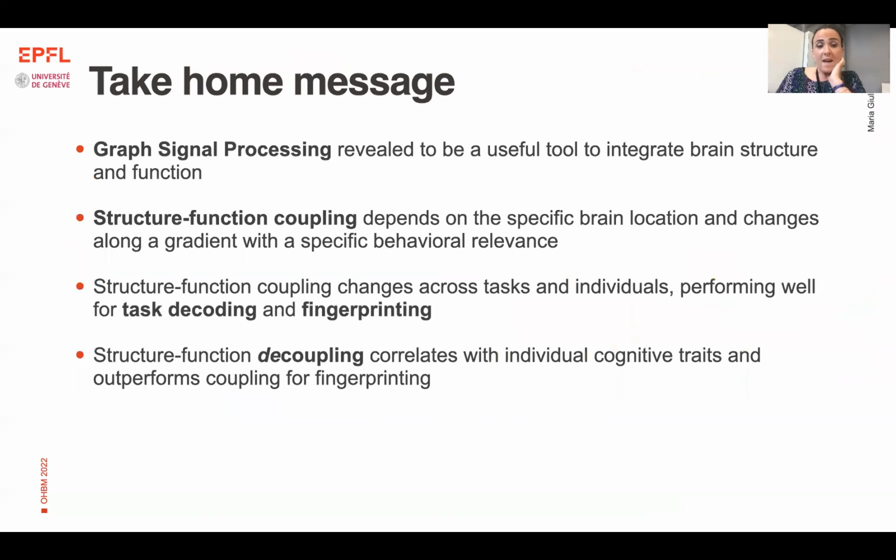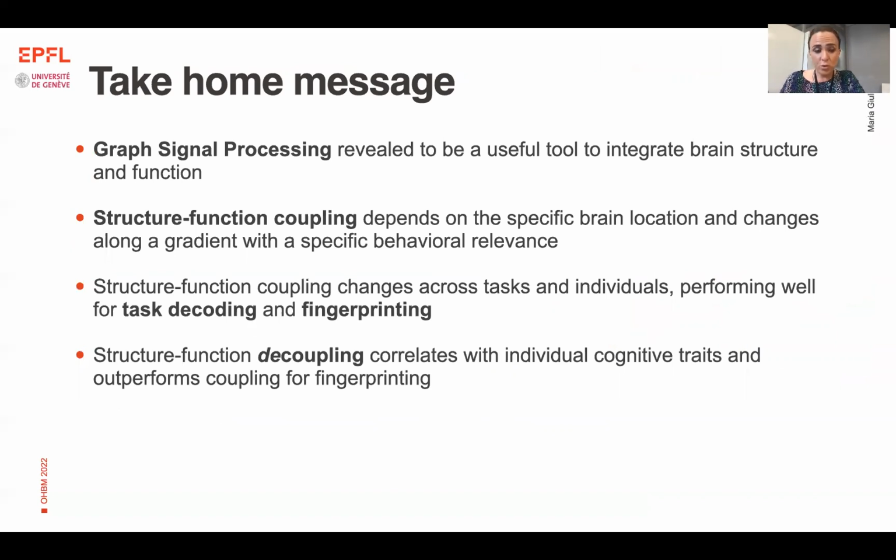So as a take-home message, we can say that graph signal processing revealed to be a useful tool to integrate brain structure and function, that the structure function coupling is not constant across the brain, but it has indeed a spatial distribution, which is meaningful. It's a well-known gradient and it has a specific behavioral relevance.